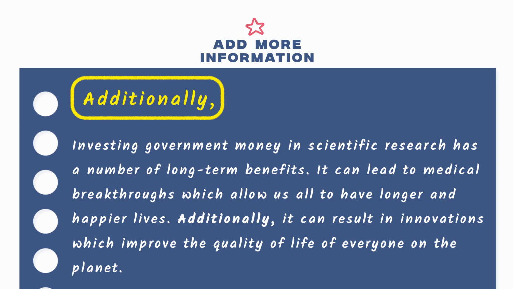Now I'm going to talk about the second benefit. I'm adding more information, all right? So I use additionally. Additionally, it can result in innovations which improve the quality of life of everyone on the planet. So sometimes you want to talk about the benefits of something. You mention the first benefit, and for the second one, you can write additionally. It means that you are going to add more information to the previous sentence, right?